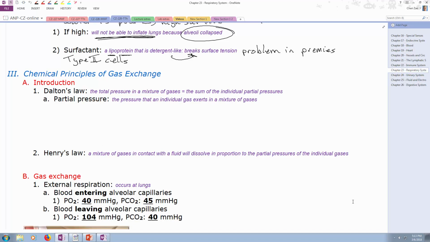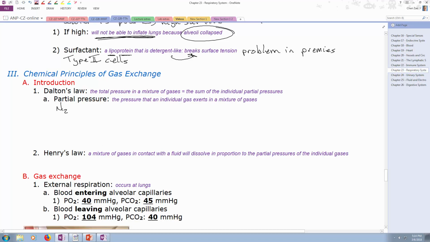What this is trying to tell you is how we measure gases. We measure gases by the pressure they exert on their container. That tells us if a gas has a higher partial pressure, that means we have more of that gas. If we have a lower partial pressure, that means we have less of that gas. And so partial pressures with Dalton are all about how we measure gas concentration.